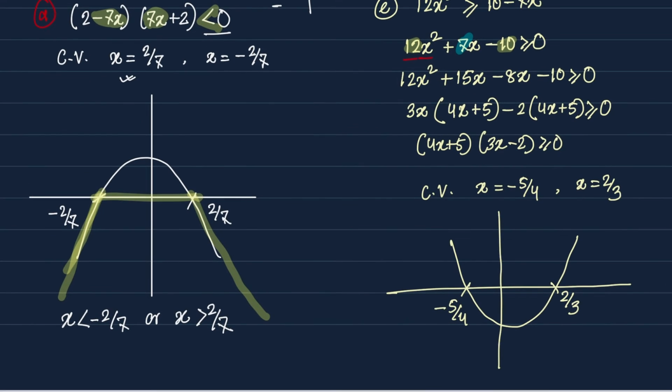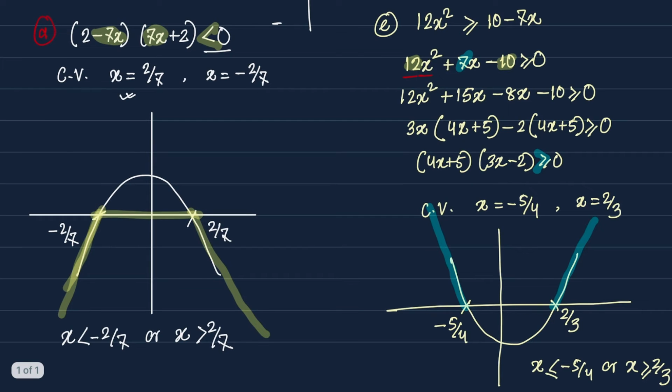X is less than -5/4 or x is greater than 2/3. Why these two parts? Because the question asks for greater than or equal to 0, so the portion above the x-axis should be taken. Less than or equal to, because the question says greater than or equal to. That's the answer of E.